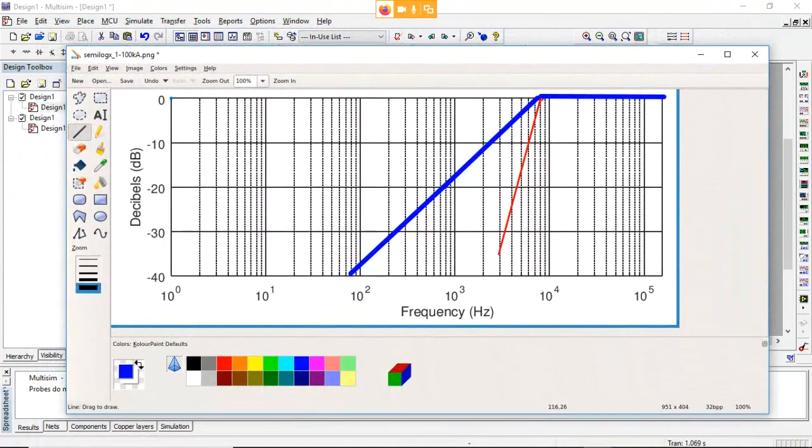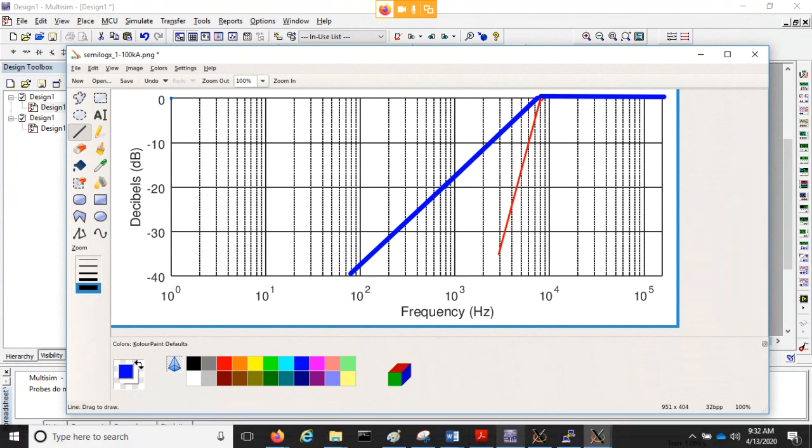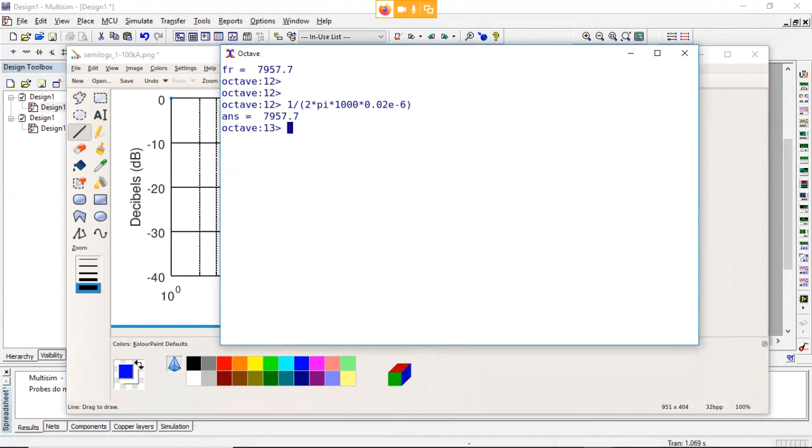Okay, so you have a magnitude of 0 dB, 0 decibels. Remember, we're doing voltage out divided by voltage in. So at high frequencies, you're passing everything that's coming in. So if VIN was, let's say, 10 millivolts, well, you're passing all of VIN.